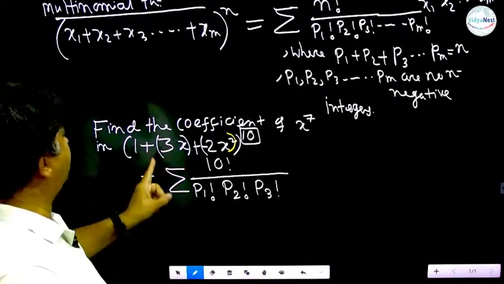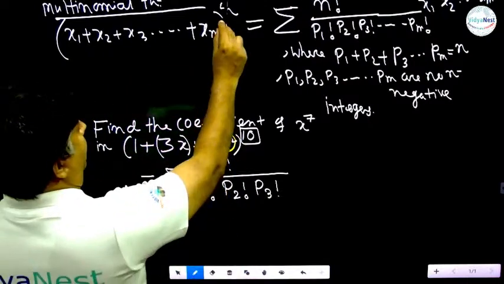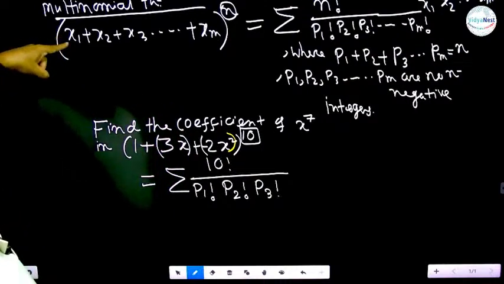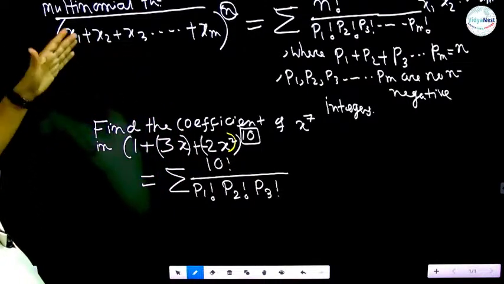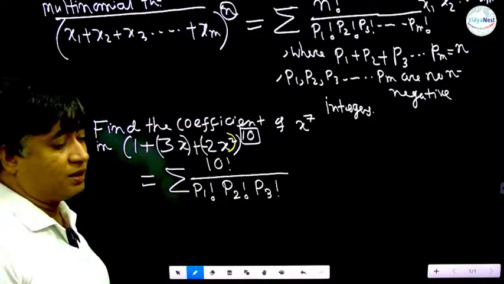So, there are 3 terms and power is 10. So, n is nothing but 10. And 3 terms, these x1, x2, x3, here 3 terms, 1, 3x and minus 2x square.